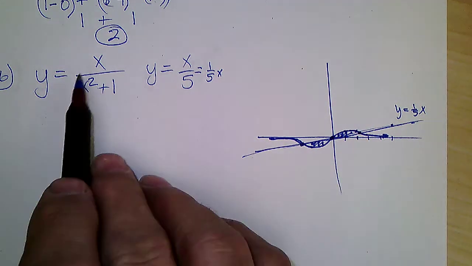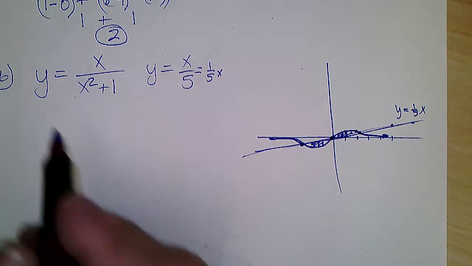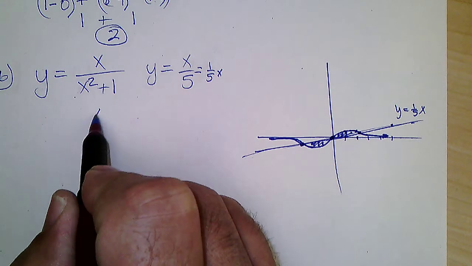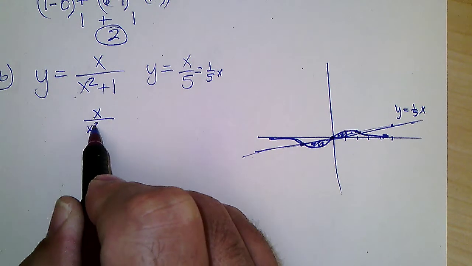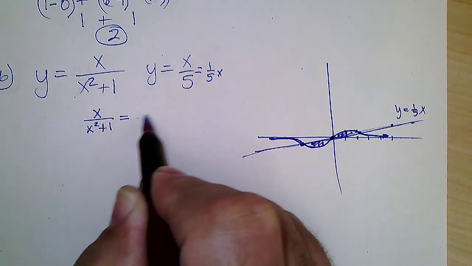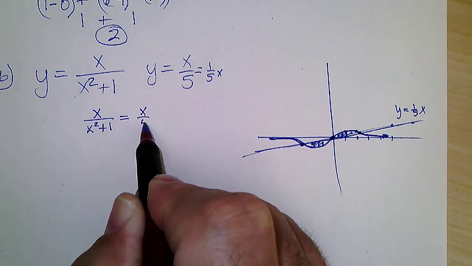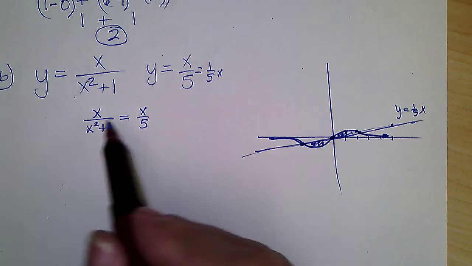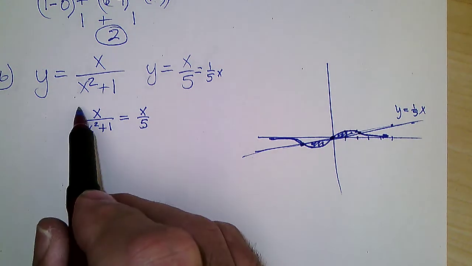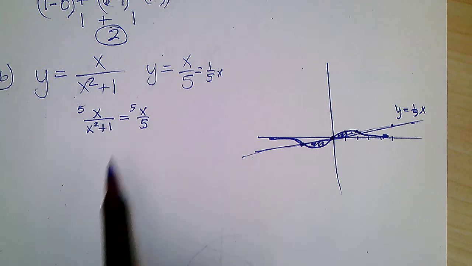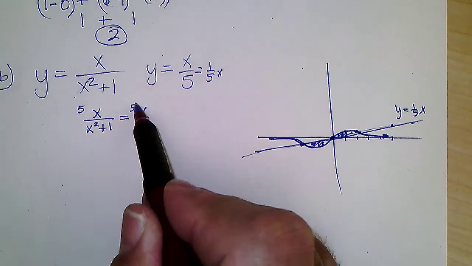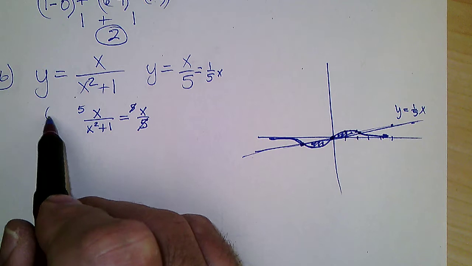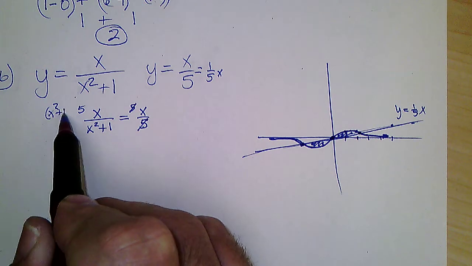So I need to find where these are equal. So x over x squared plus 1 equaling x over 5. What I could do is multiply both sides by 5. And that would get rid of the 5 here, and multiply both sides by x squared plus 1.